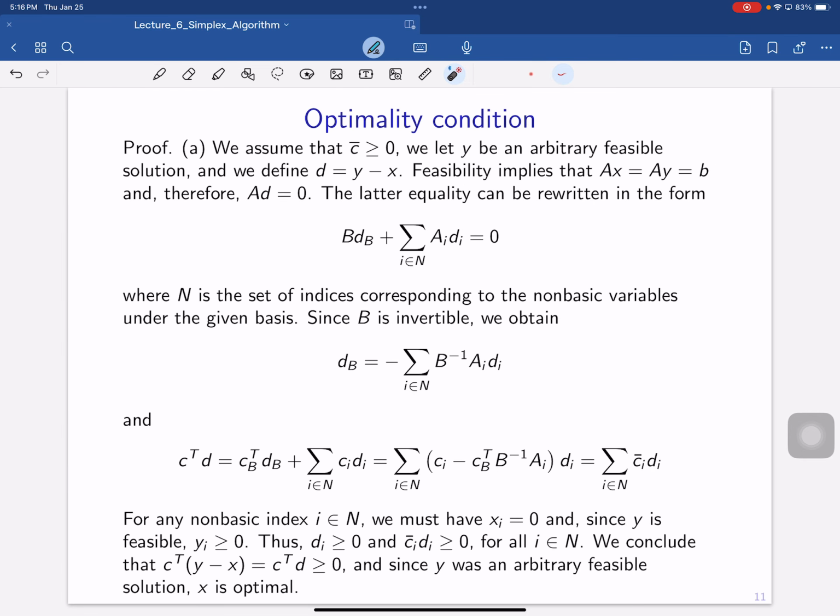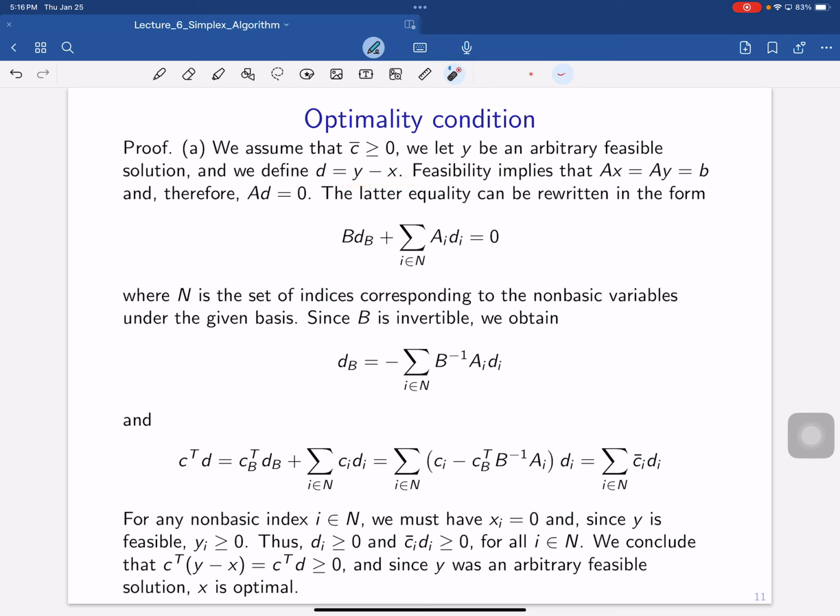So the way to prove that is the following. Assume all the reduced costs are greater than or equal to 0, and pick an arbitrary feasible solution. We define a direction d, which is the difference between the new solution y and x.